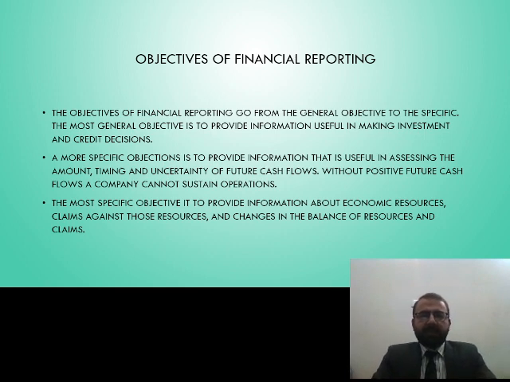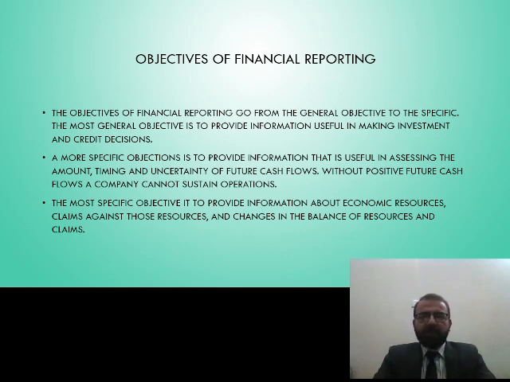Objectives of financial reporting. The objectives of financial reporting go from the general objective to the specific. The most general objective is to provide information useful in making decisions about investments and credit. A more specific objective is to provide information that is useful in assessing the amount, timing, and uncertainty of future cash flows.